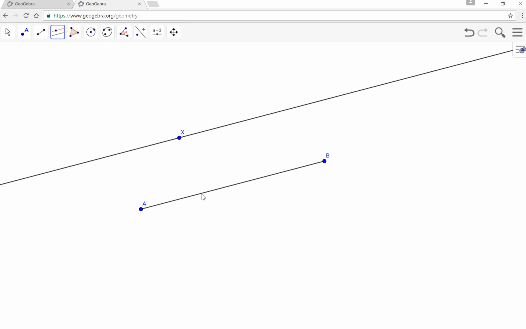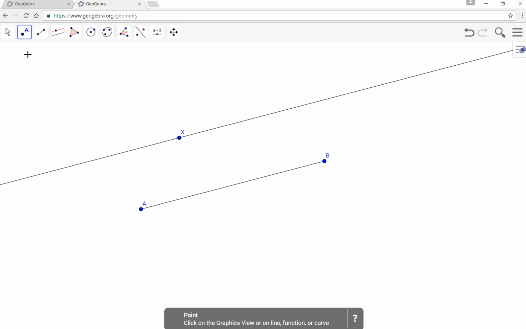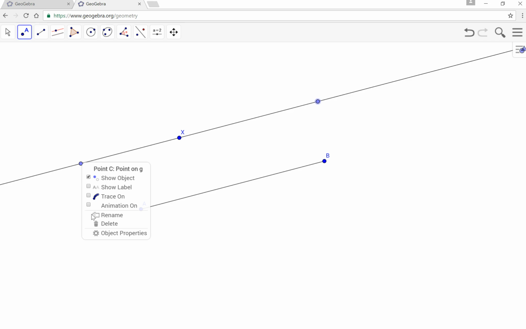Now it says construct points Y and Z on this new line as shown. So we'll just create new points, select a point on the line and another point on the line, and we'll rename them the same as our drawing there. So we're going to show label, and then we're going to rename it.